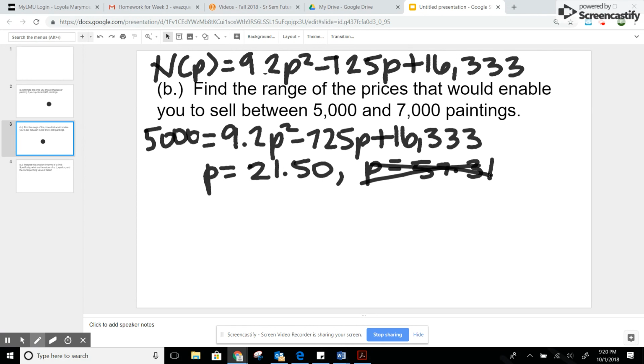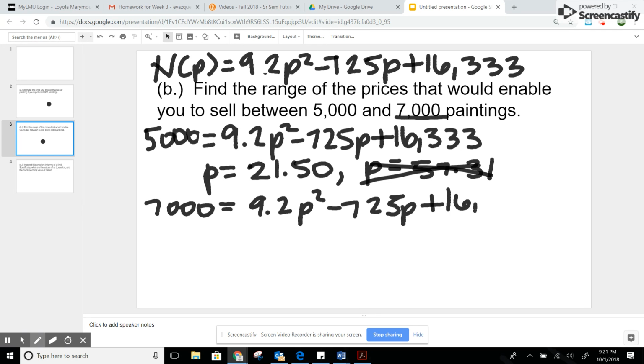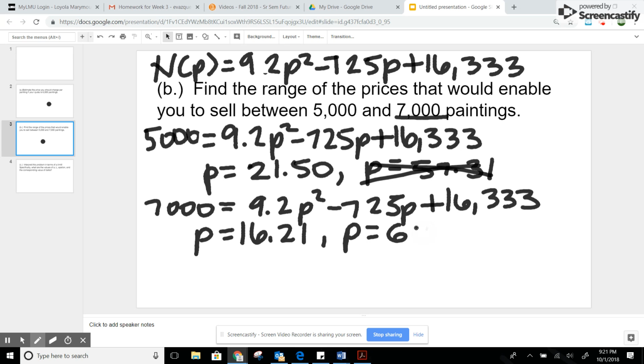Similarly, I would also do this problem saying that it's equal to 7,000, referring to this piece of the question up here, where it's asking for the range between 5,000 and 7,000. Now I'm going to figure that one out similarly. This problem would also give me two answers, 16.21 and 62.60.